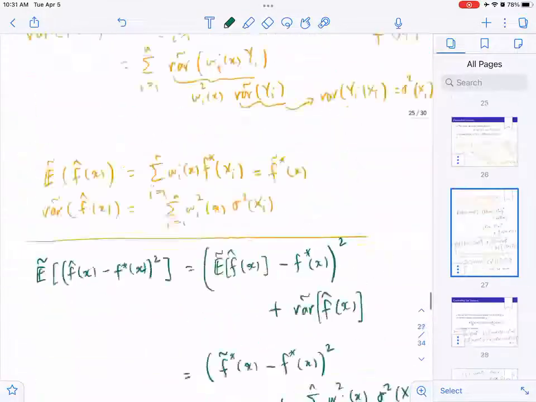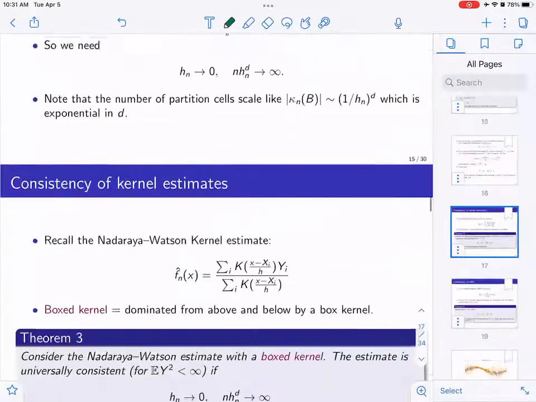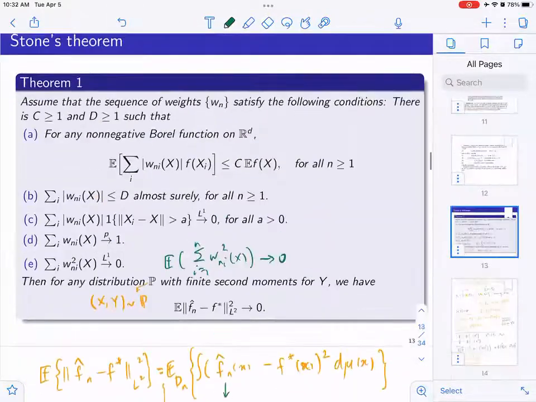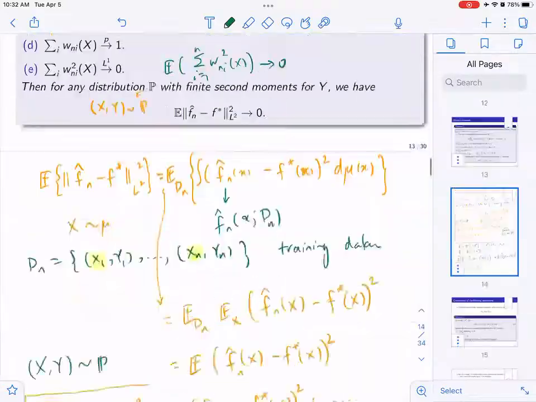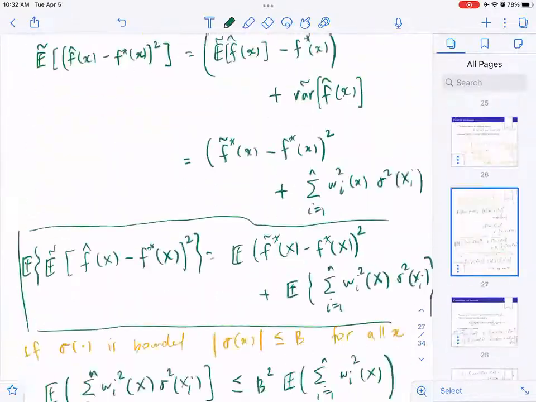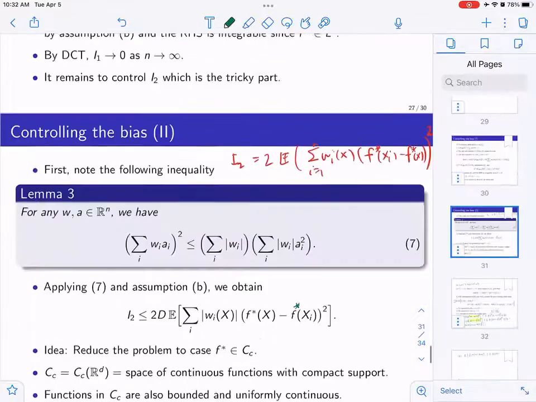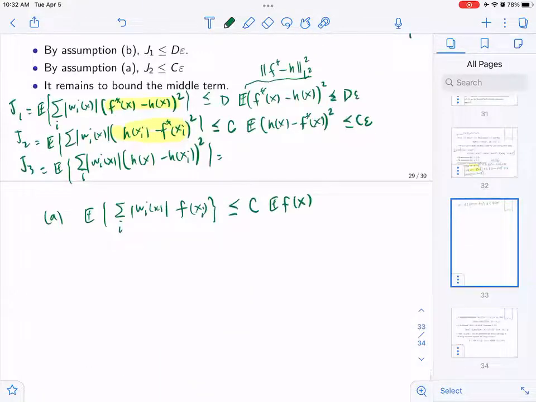Let's go back up and see this. That's the really technical condition, the one that we have here. For any non-negative function f, the expectation reproduces basically the expectation of f(x). Okay, that's the technical condition. You can see where it comes in. It comes in to deal with this reduction. Okay, this is not saying we reproduce the expectation exactly, but up to a constant. This is good enough because I'm applying it to f here being like h minus f star.